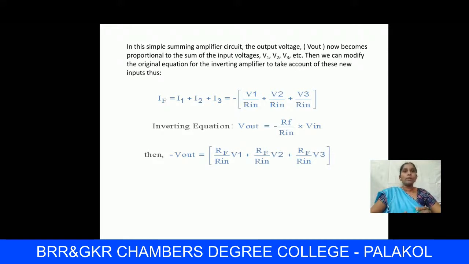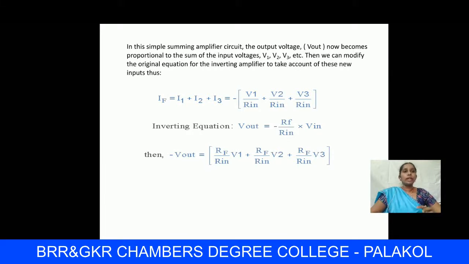Then we can modify the original equation for the inverting amplifier to take into account these inputs. Okay, so I consider for this summing amplifier that the three inputs are applied to the operational amplifier at the inverting terminal.